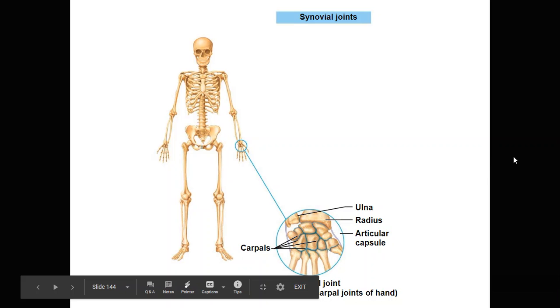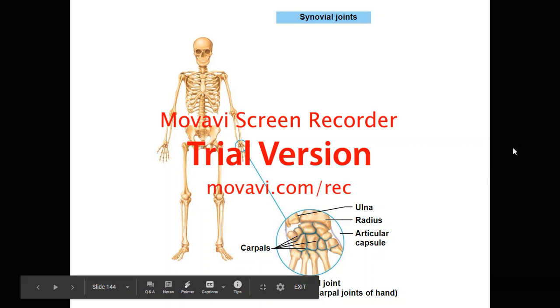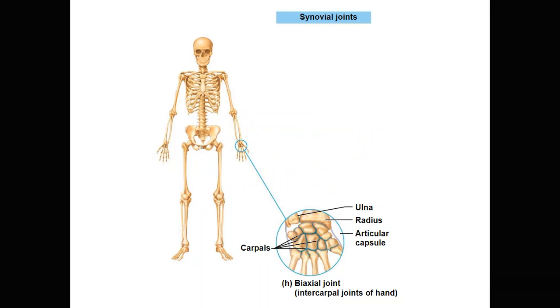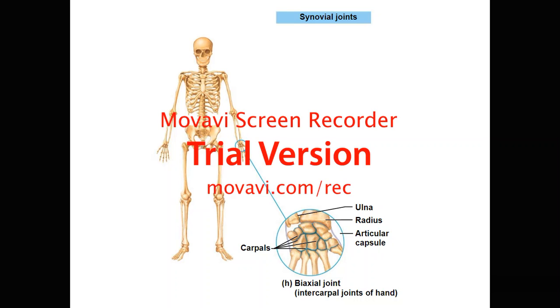And then another example of synovial joints, they're showing you the intercarpal joints of the hand. The intercarpal joints of the hand are biaxial. Bi means two, so there's movement in two planes in a biaxial joint.